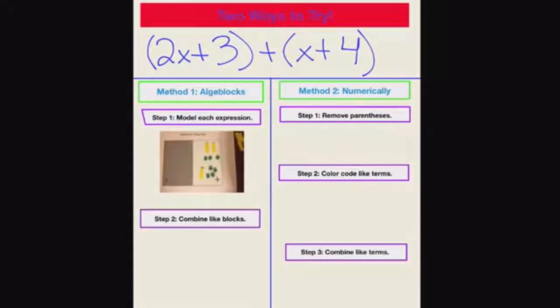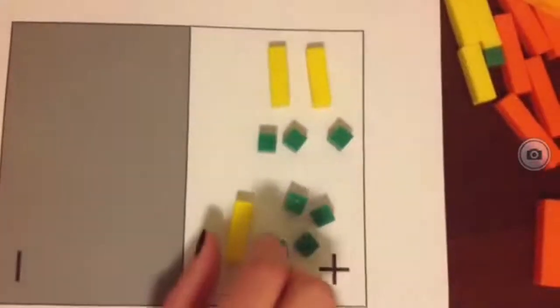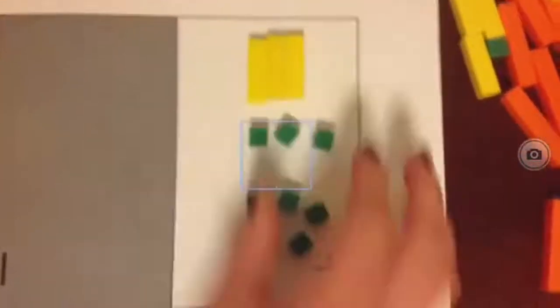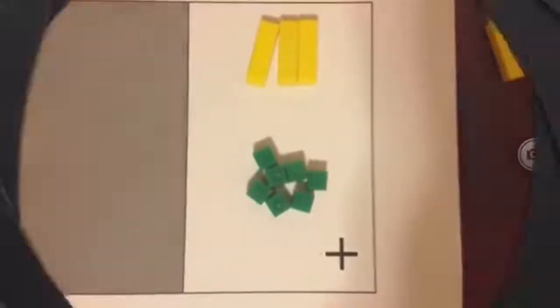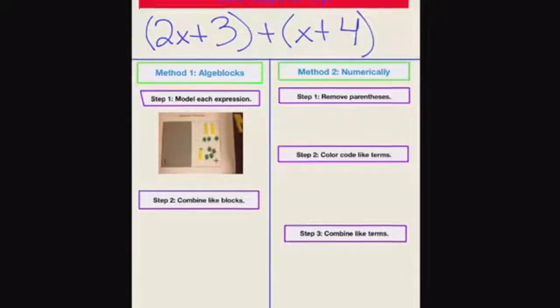All right, we can see that step 2 is to combine like blocks. So let's go back to our Algeblocks. And what we're going to do is go ahead and combine like blocks. Since they're all in the positive section, we can just go ahead and combine all our x's together, and go ahead and combine all of our green cubes together. All right, and again, we're going to take a picture and drop that into GoodNotes.